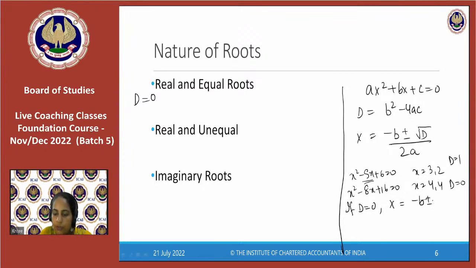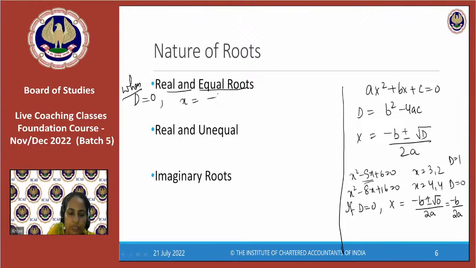Minus b plus or minus square root of 0 by 2a. So for both the cases, it is going to be equal to minus b by 2a. So when d is equal to 0, we say you get real and equal roots. That is, your root is equal to minus b by 2a.